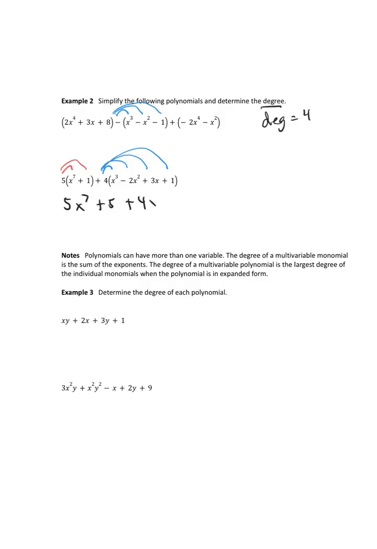So plus 4x cubed minus 8x squared, and then plus 12x plus 4. And it looks like the only like terms here are just the constant terms. So just a quick rewrite: 5x to the 7th plus 4x cubed minus 8x squared plus 12x, and then that constant term would now be plus 9.